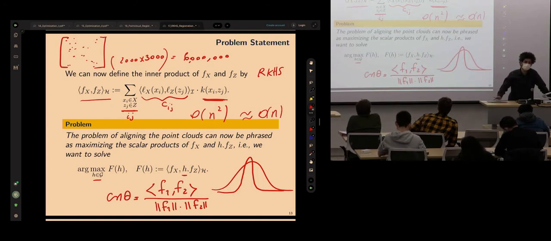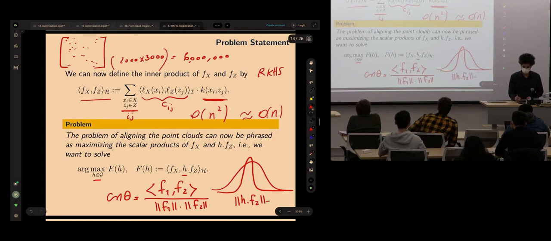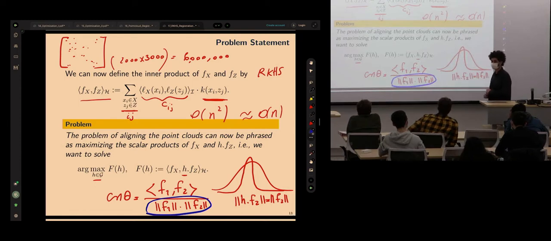Now, if the transformation is an isometry, that means it does not change the scale. It's not going to scale, right? It's a rigid transformation. What happens if the transformation is an isometry, it will not change the norm. Because it does not change the norm, then basically this denominator will be independent of h, the transformation.